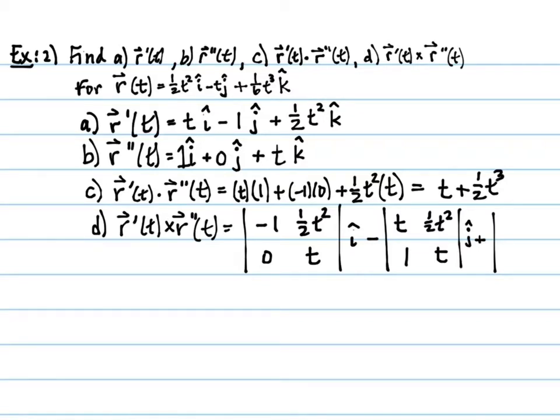So for k, I would have t, negative 1, 1, 0, and that's k.